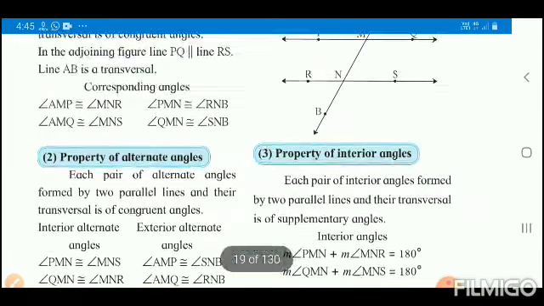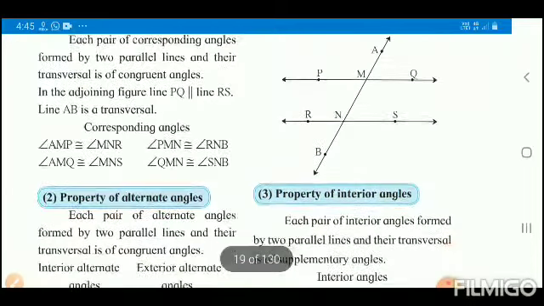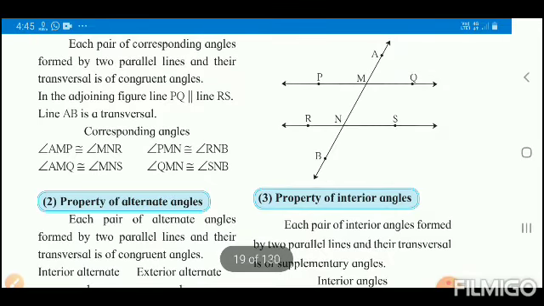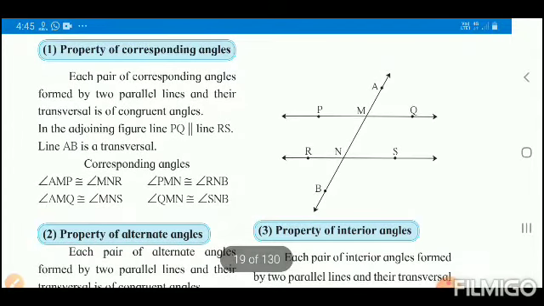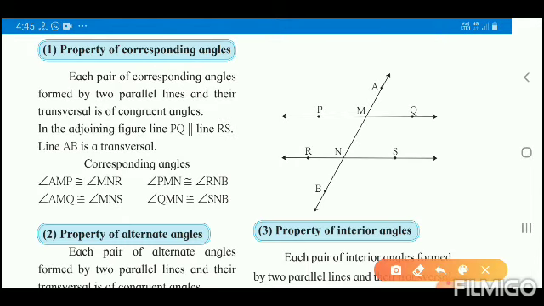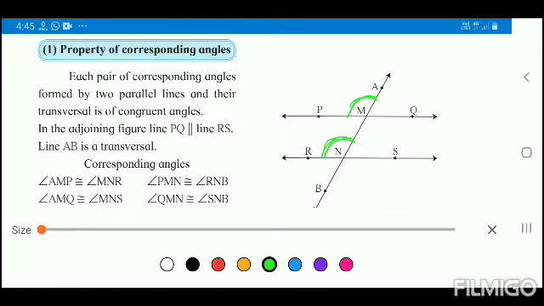Means here in your figure, which are the corresponding angles here? The angle AMP, here I will show you. AMP means this angle, congruent with angle MNR. Okay. These two angles are congruent.